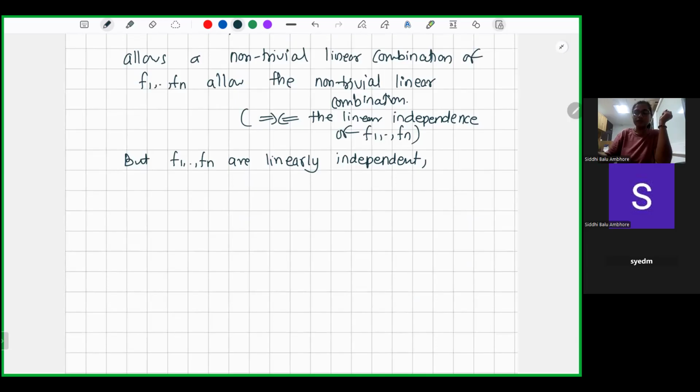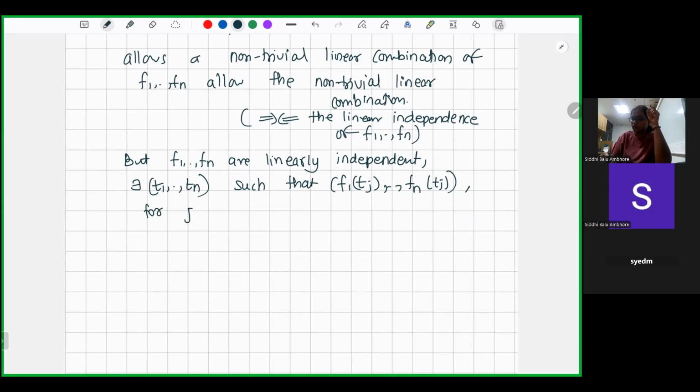So, but F1 to Fn are linearly independent. There must exist some T1 to Tn such that this F1 Tj to Fn Tj for j from 1 to n are linearly independent.